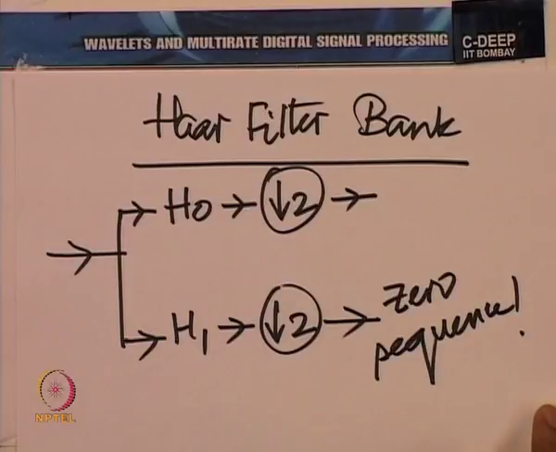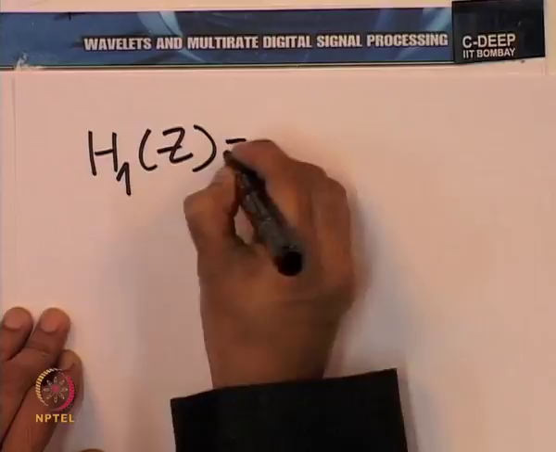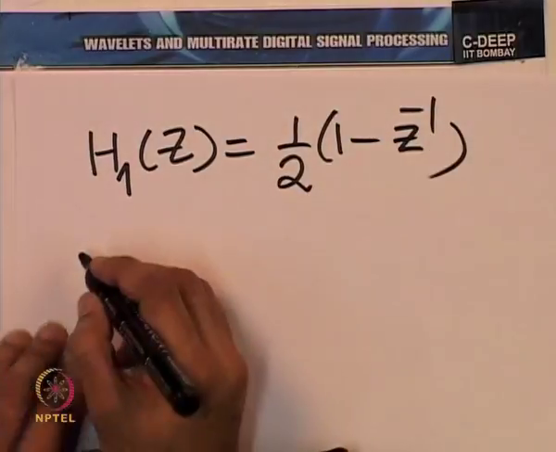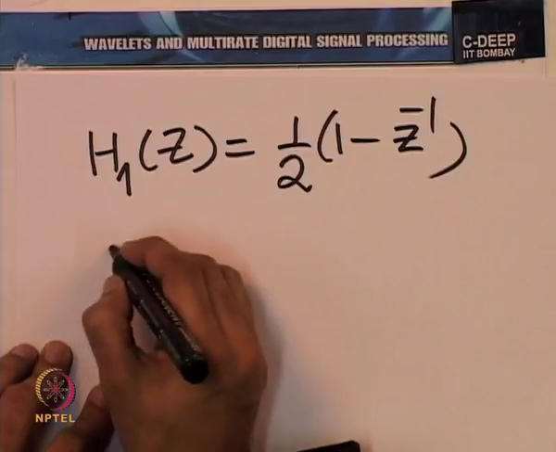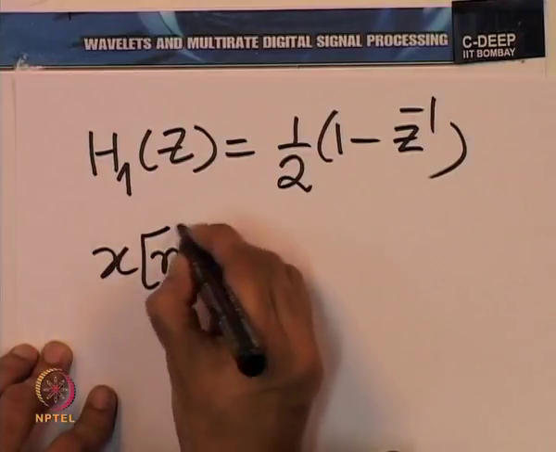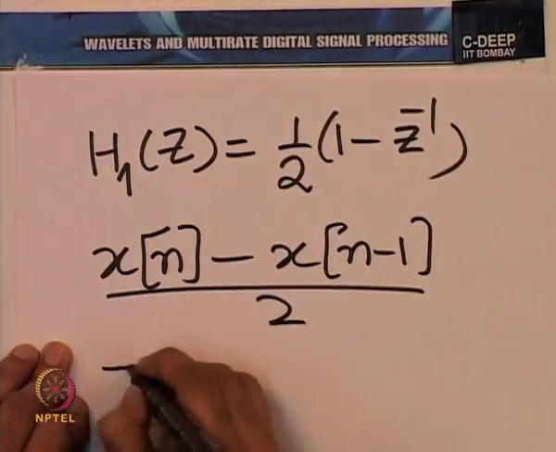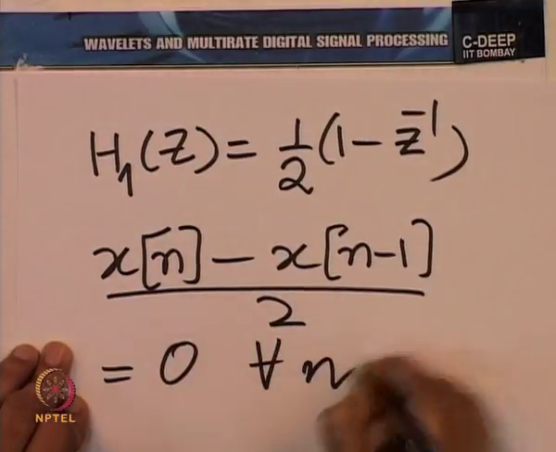Essentially, H1(z) operates 1 minus z inverse. And this essentially means the operation (x[n] minus x[n-1])/2, which is identically 0 for all n.